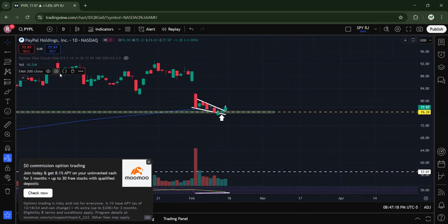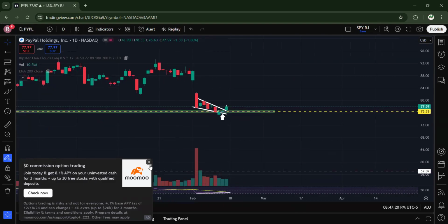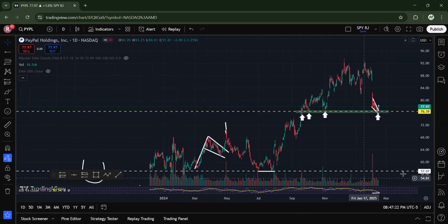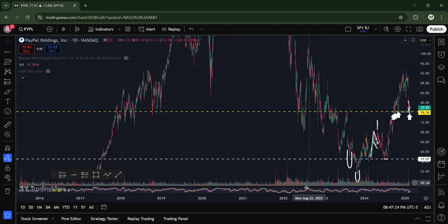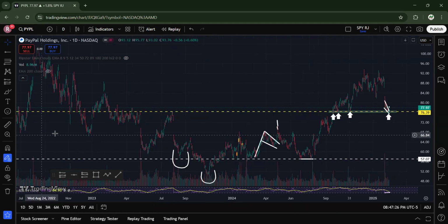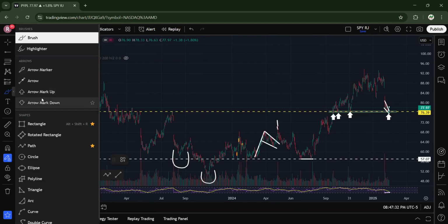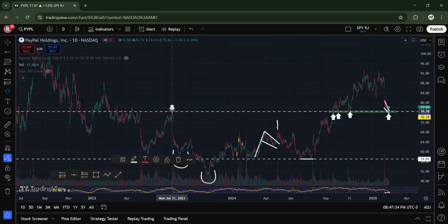Let's also throw in, if you guys want to really start getting technical, let's start looking back more. So notice in 2023, this is getting deep in the charts. In 2023, this was a resistance.